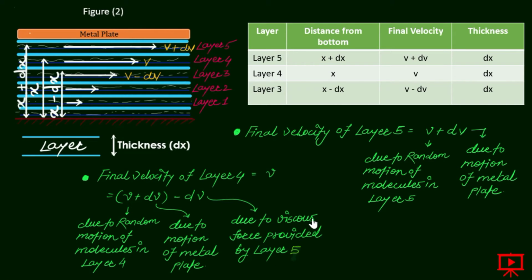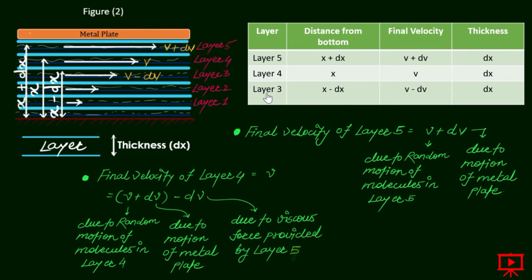As we know, the viscous force is the force between two layers which are in contact, and here layer 5 and layer 4 are the two layers in contact, in which layer 5 will provide a viscous force in order to oppose the motion of layer 4. So this negative sign is an indication of a decrease in the velocity of layer 4 by an amount of dv due to the existence of viscous force between these two layers, that is layer 5 and layer 4.